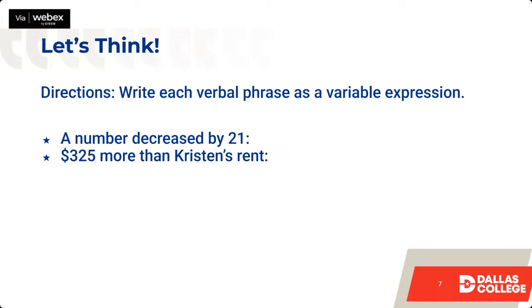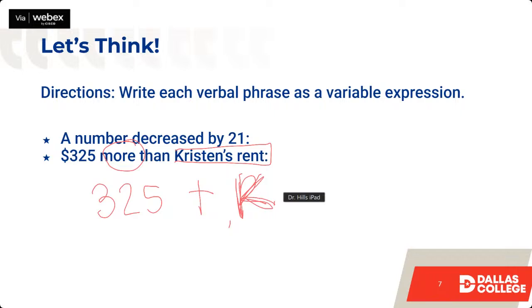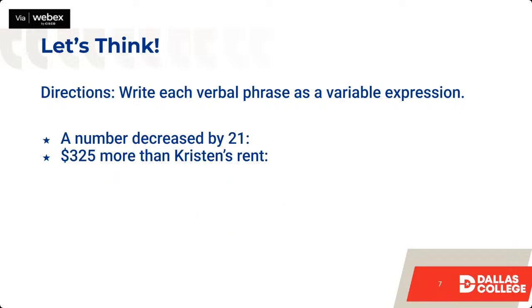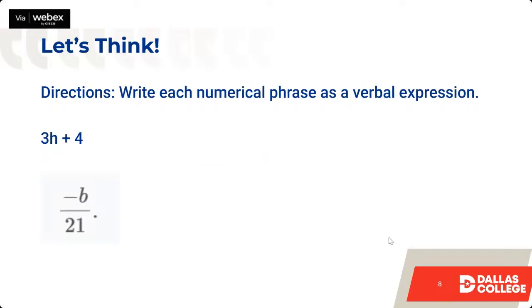All of these are correct. 325, the symbol for more is plus Kristen's rent. We can do an R for rent. We can do a K for Kristen. We can do an N for number. If that makes sense to you, drop a yes. And let's see if we can do it backwards. Good job.